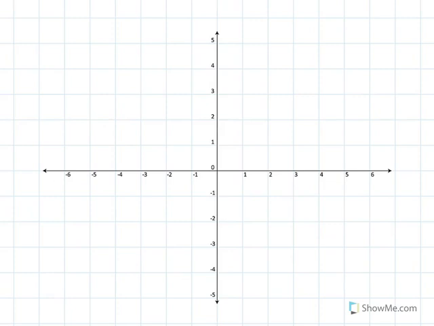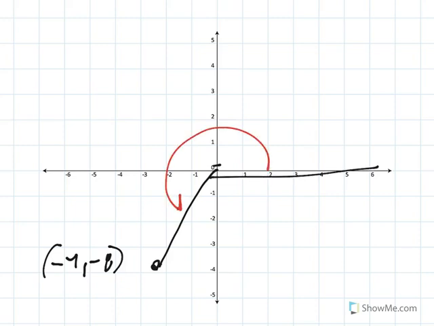There are two other quadrants. So let's see what happens if I have minus 4 comma minus 8. Here's alpha. It's always from the positive x-axis to the line segment that connects 0, 0 to the point.